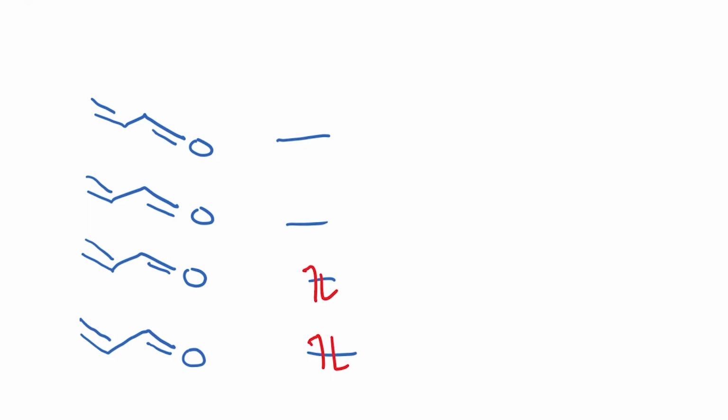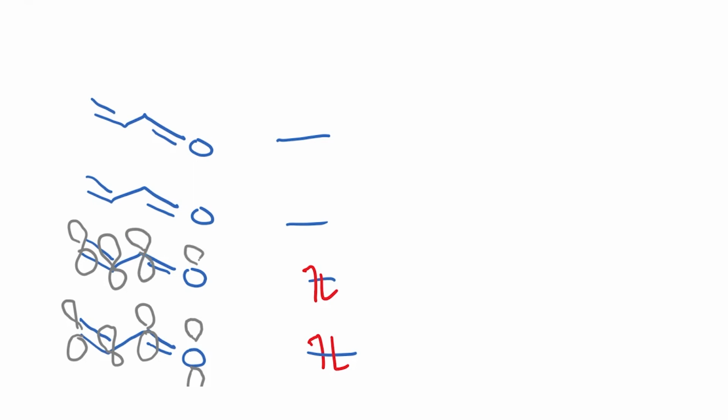Now coming back to this MO picture, we have a lobe over here, over here, and over here. I'm not drawing this to scale, but this is here, here, here, and here. Here all of them are going to be favorable overlap.